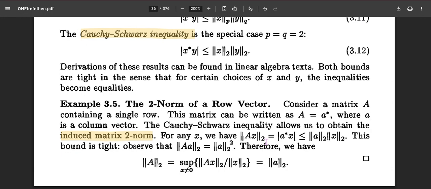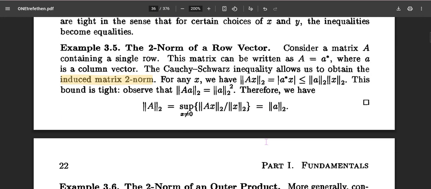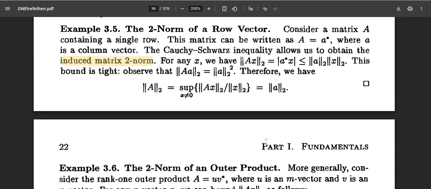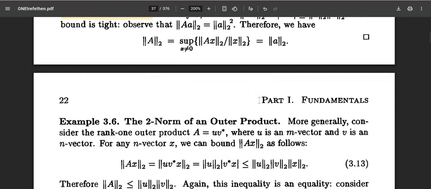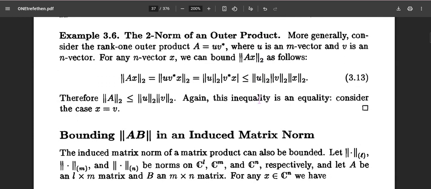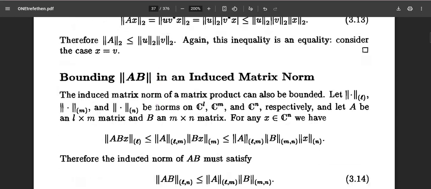Based on this idea, we can define the 2-norm. Applying Cauchy-Schwarz where x becomes a gives the Euclidean norm of the vector a. Similarly, if you use an outer product, you end up with a similar kind of matrix norm. Using the Cauchy-Schwarz inequality, we can define this relationship.